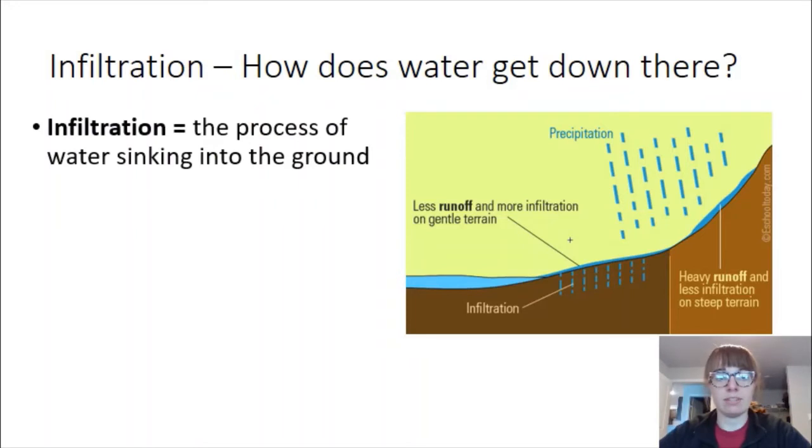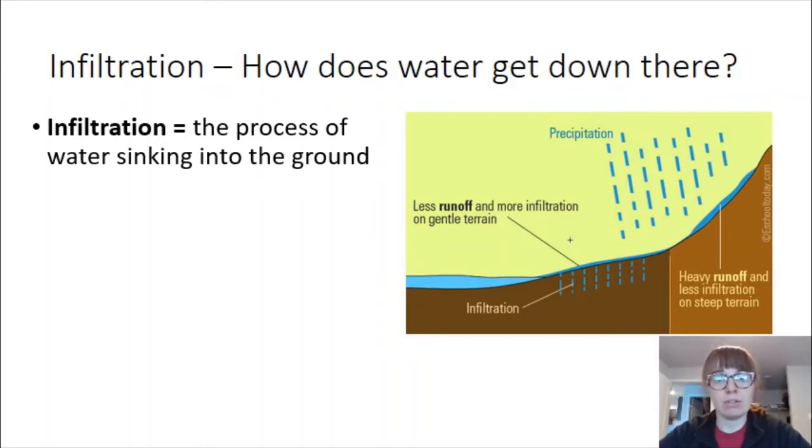And so the fancy definition of infiltration, if we're thinking of it scientifically and not in military terms, is the process of water sinking into the ground. And so infiltration is going to increase when you have a gentle land slope. It's going to increase when the land is lightly vegetated.